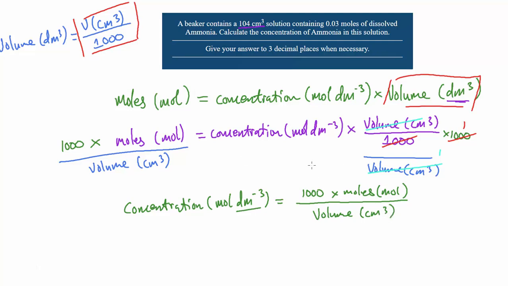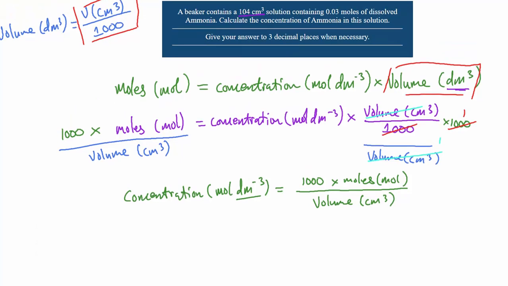Okay, so we have all of those values provided in our question. All we really need to do at this stage is plug those values into the equation which we formed. So that is equal to 1000 multiplied by 0.03, and all of that is going to be divided by the volume, which, as you can see here, is 104.